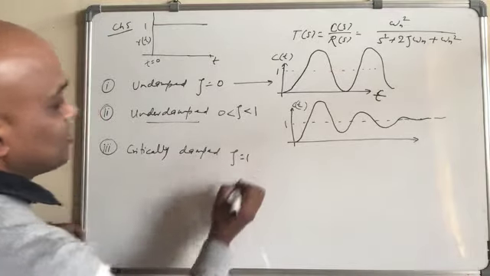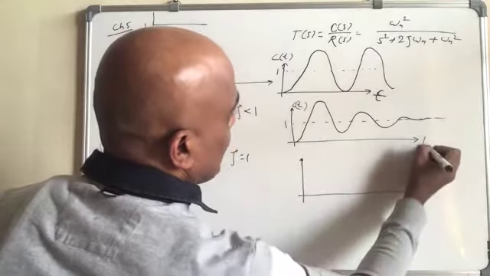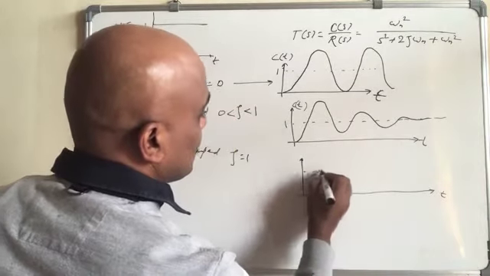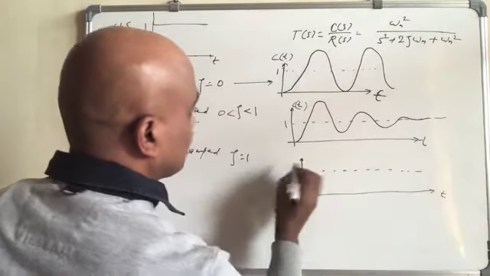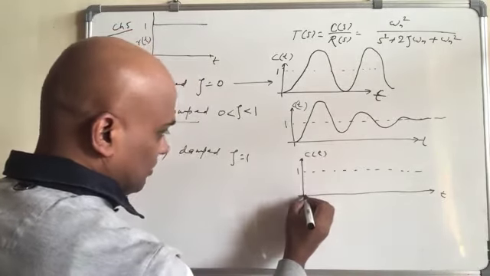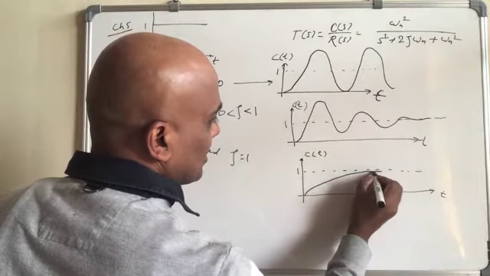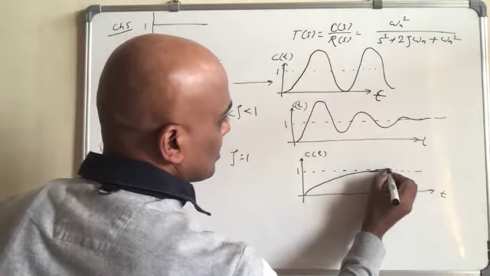Now number 3 is critically damped. That is zeta equal to 1, and in this case this is time t, this is 1 like this one. And c(t) we are plotting, this will be something like here. It will go and go like this.